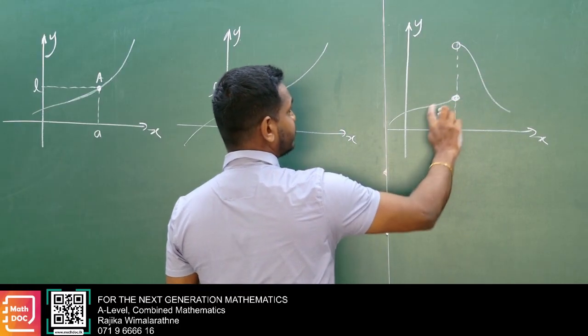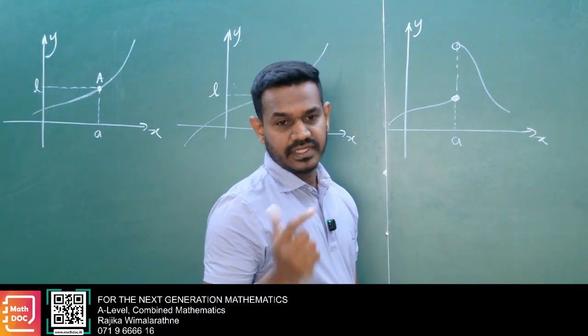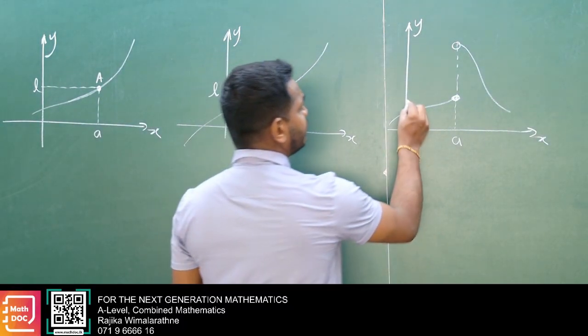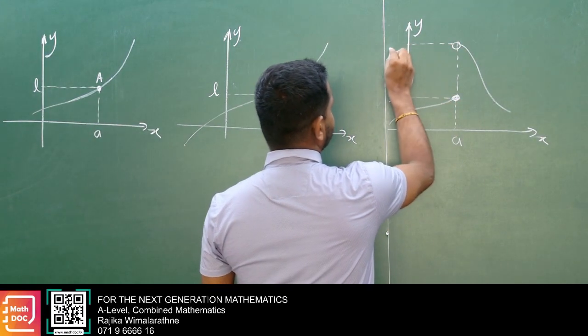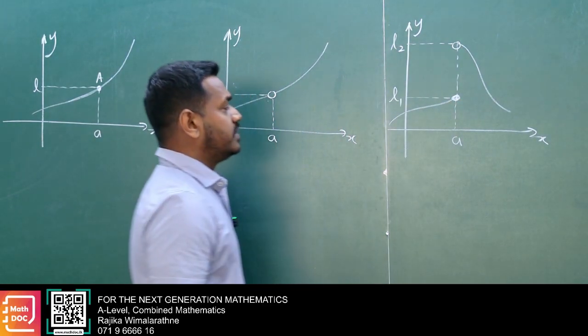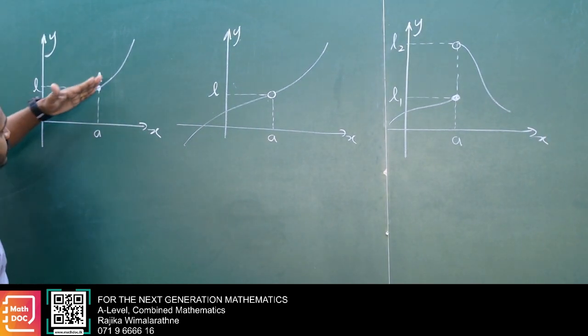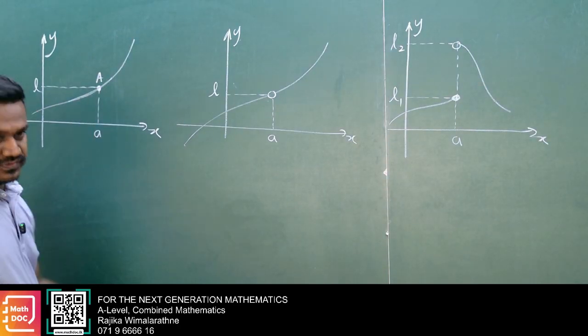These are piecewise type. Piecewise, two cases, two different functions for different regions. Now anyway, you identify here the value L1, here value L2. In this case, if you go along this curve, without any break, we say continuous.